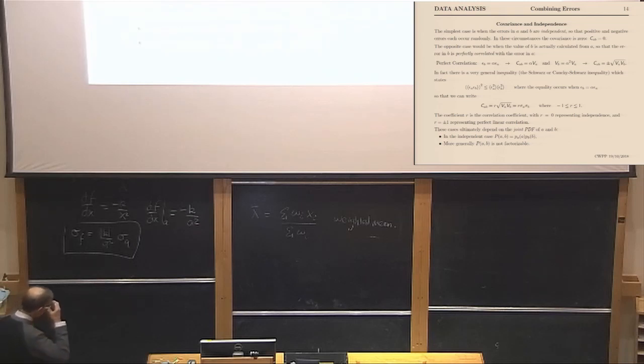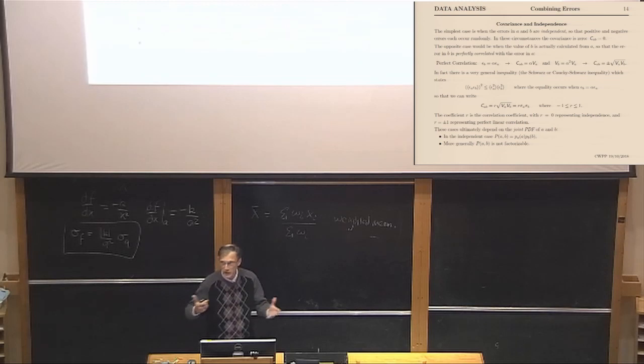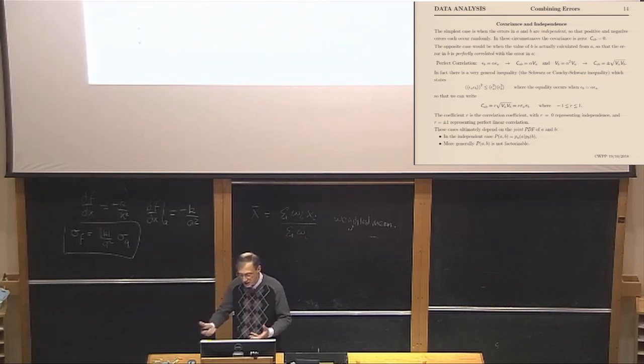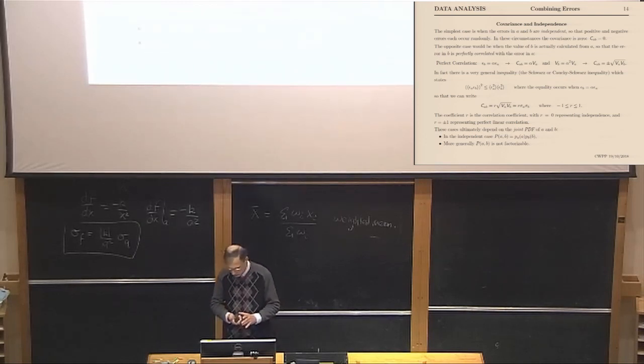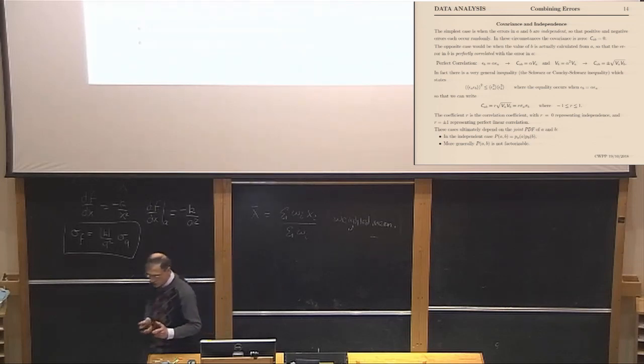So let's, for the moment, assume that A and B were measured in completely separate experiments, so there really isn't any linkage between them, but you should look for subtle linkages like common calibration errors and so on. So let's just take for a moment the case where the covariance is 0.